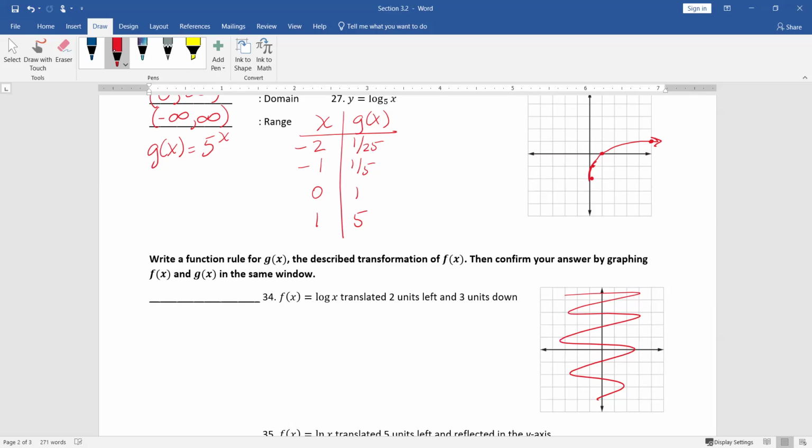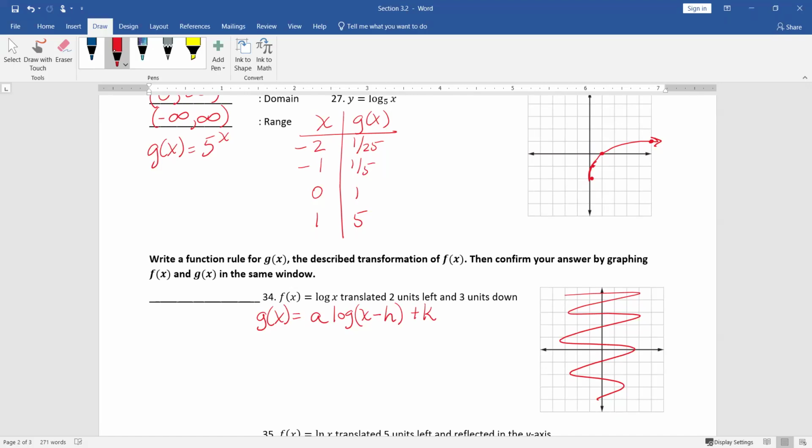Okay, so in this case, we're using our base, the formula for g of x, which is a times the log of (x minus h) plus k. So in this case, I have no a. There's no vertical stretch or compression, but I'm translating 2 units to the left and 3 units down.